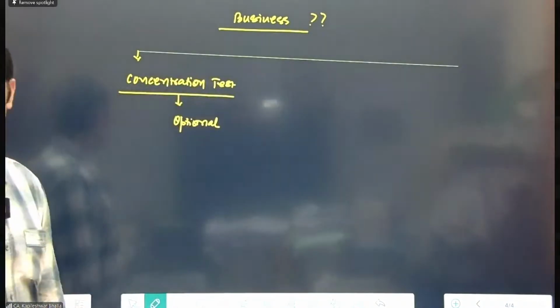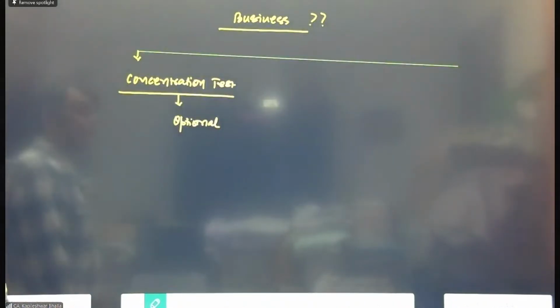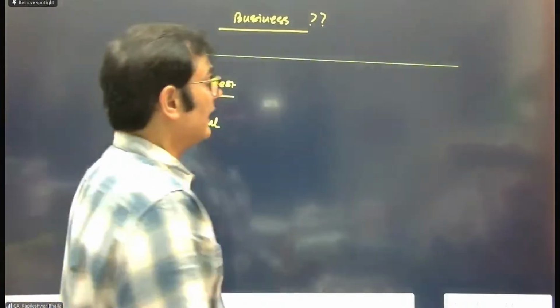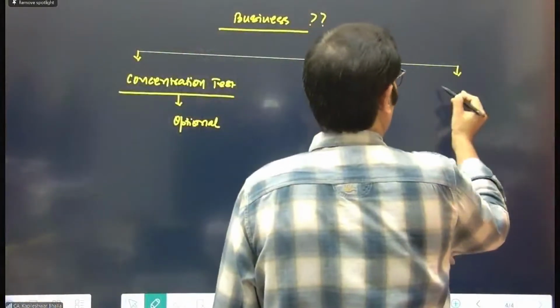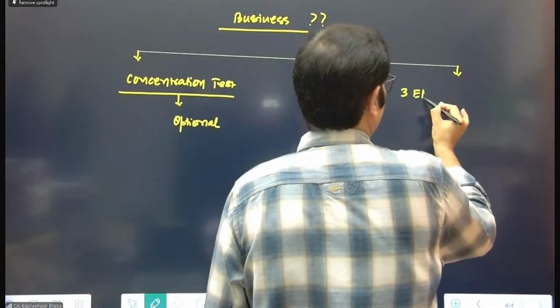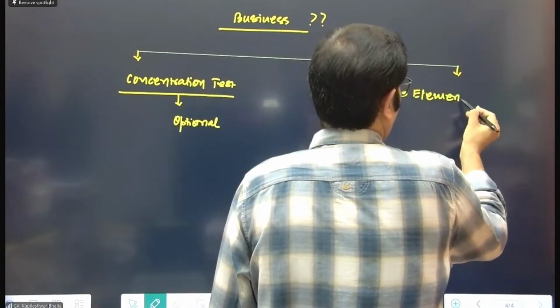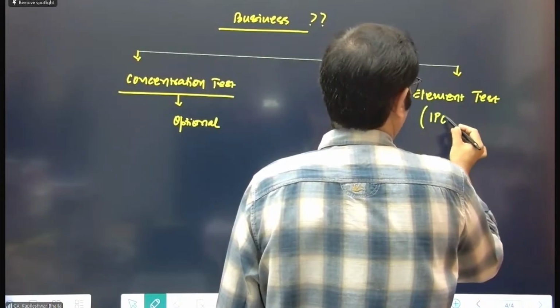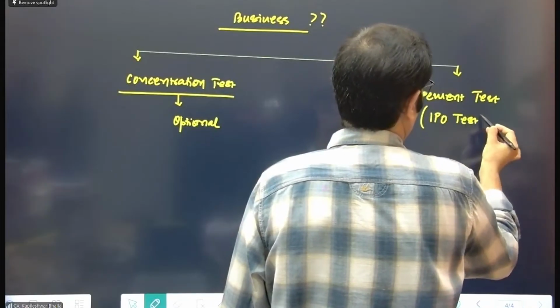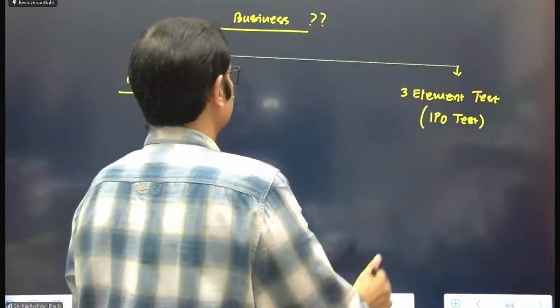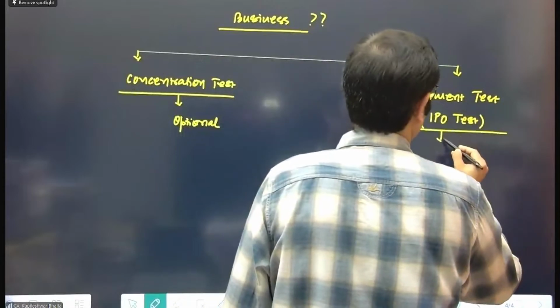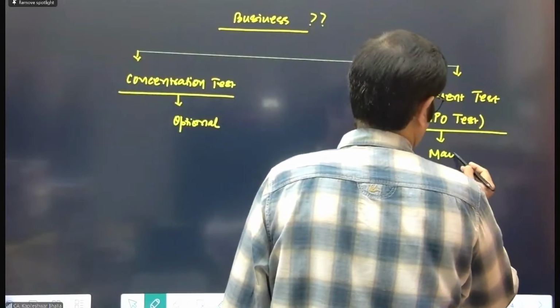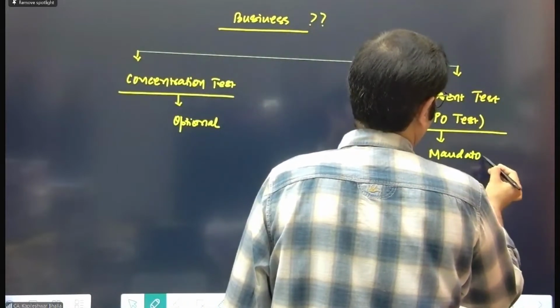Whether the acquirer wants to conduct an optional concentration test or not is a complete choice on his part. And then the second one is what is called the three-element test. And this is what I call IPO, because the three elements are input, process, and output. And this test is something which is mandatory.